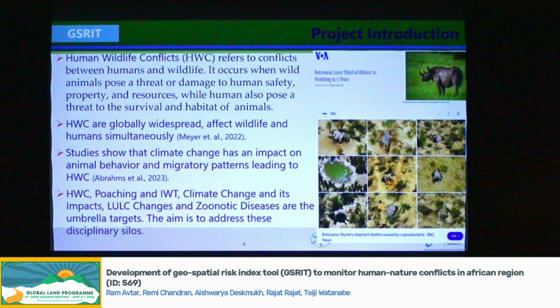So there have been lots of cases of human-wildlife conflict. It also leads to other problems like illegal wildlife trade, climate change and its impacts, and zoonotic diseases, which are the umbrella target of this study. So we are not only looking into human-wildlife conflict, but also other components associated with this problem.